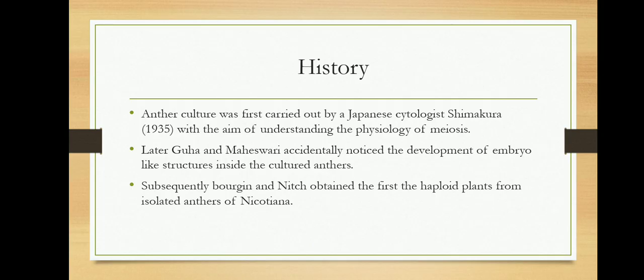And coming to the history of anther culture, the anther culture was first carried out by a Japanese cytologist Shimakura in the year 1934 with the aim of understanding the physiology of meiosis. Later, the scientists Guha and Maheshwari accidentally noticed the development of embryo-like structures inside the cultured anthers.